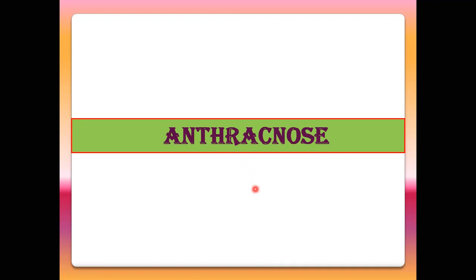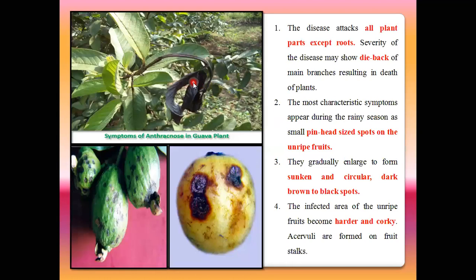Okay, initially the fungus attacks the leaf portion and wings or shoot portions. On the leaf, the fungus causes necrotic lesions at the tip or margin of the leaf. These lesions are usually gray in color.